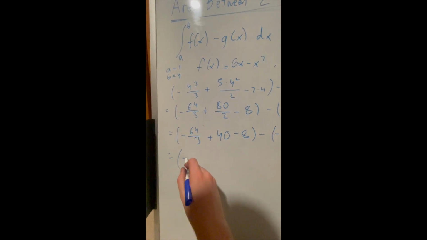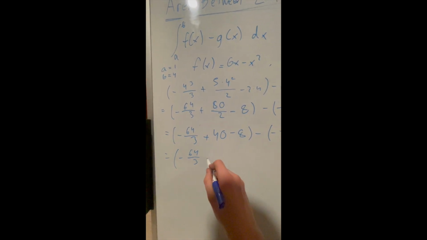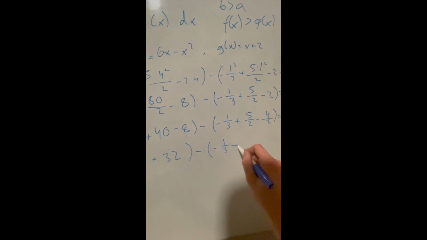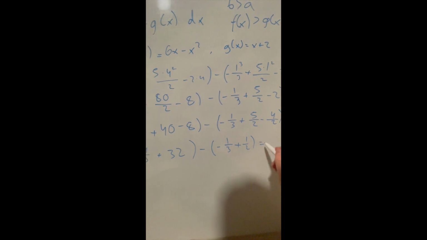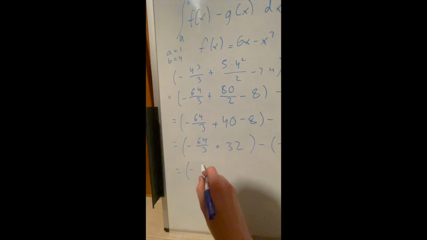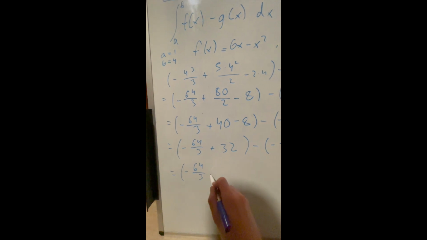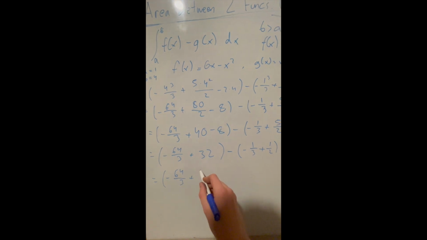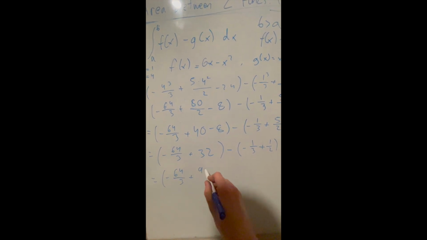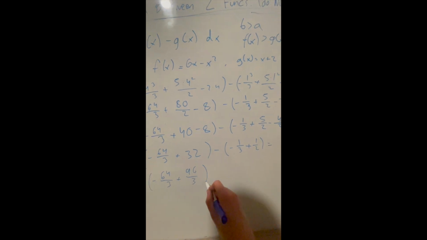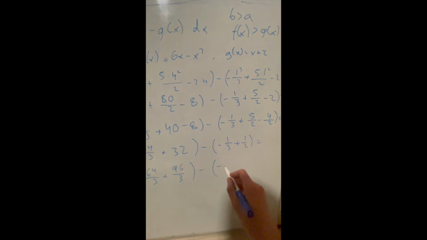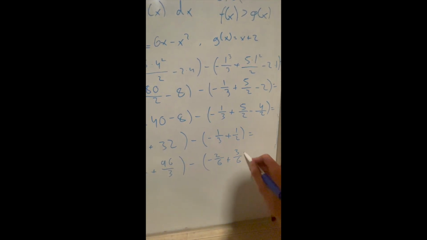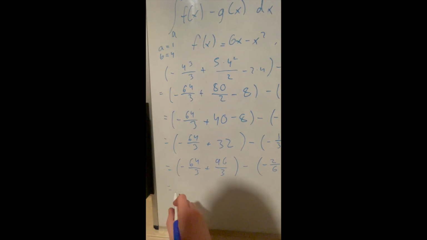This is going to be minus 64 over 3 plus 32 minus 1 third plus 1 half, which is going to be minus 64 thirds plus, and then 32 times 3 is 96 over 2 minus, and then this is going to become minus 2 sixths, and this is going to become plus 3 sixths, as we use the minimum common factor.